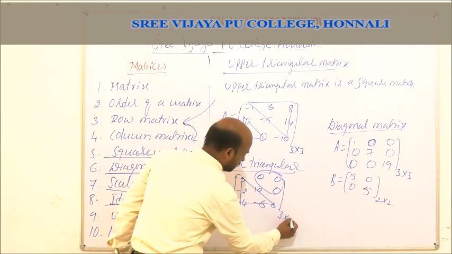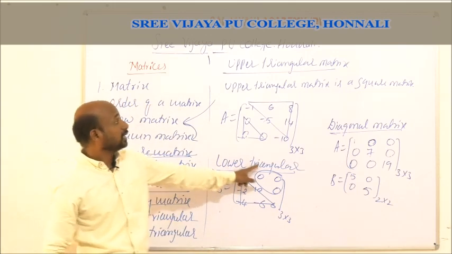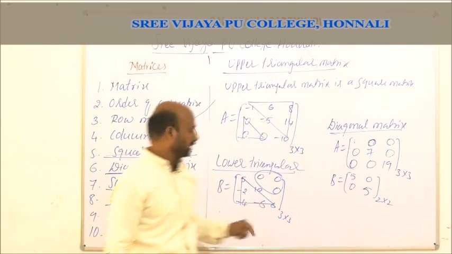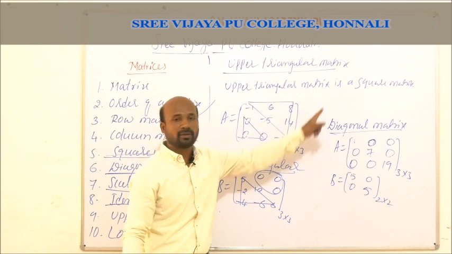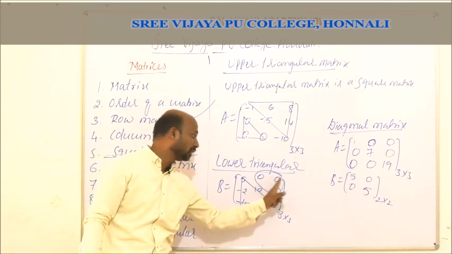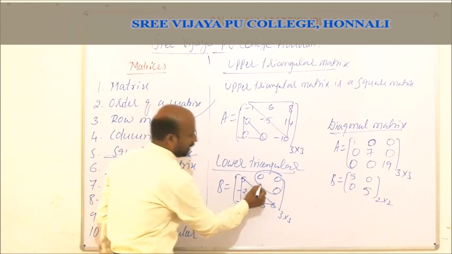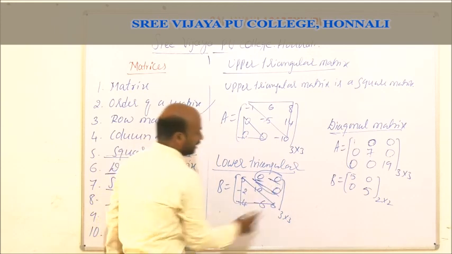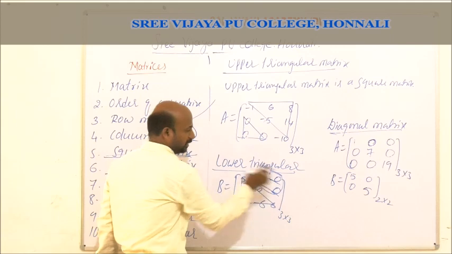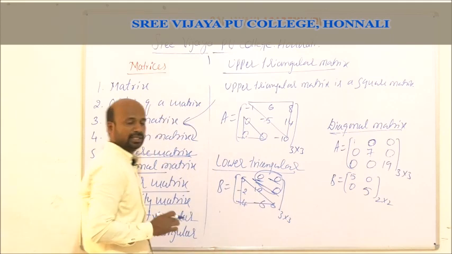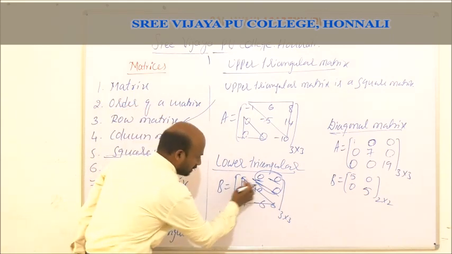Its order is again 3 by 3. Lower triangular matrix is a square matrix in which the elements above the principal diagonal elements are zeros. Observe, that is a12 is 0, a13 is 0, a23 is also 0. Only these elements will be present.